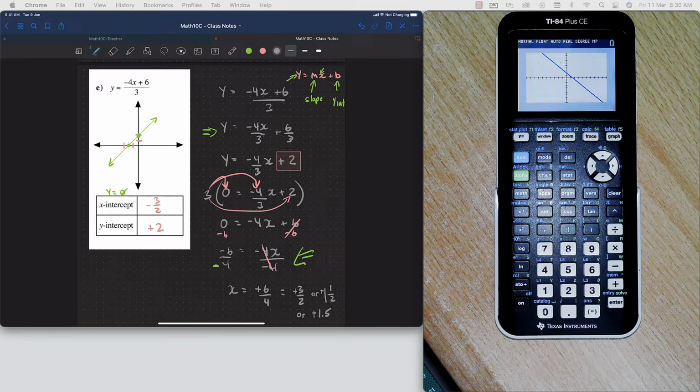So that changes my graph right here, where I'm going to have the Y-intercept right there, and the X-intercept is going to be in the middle right there, giving my line like this.